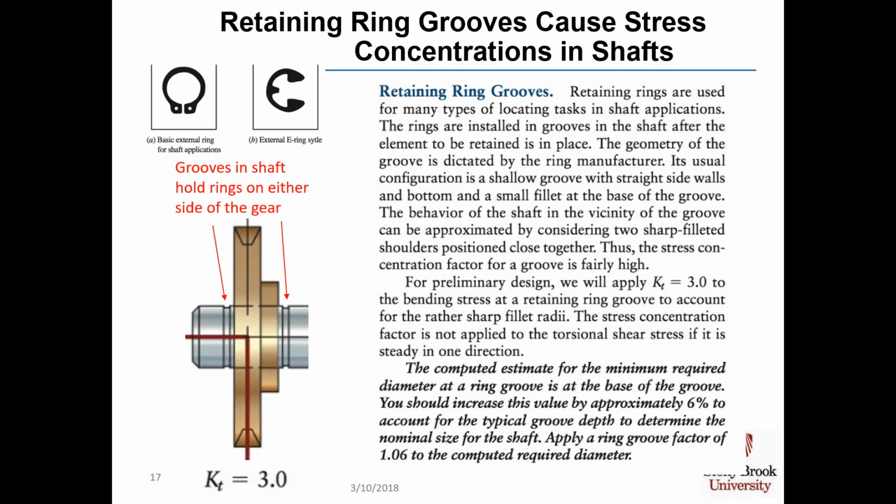And you're going to follow the manufacturer's suggestions. But I will tell you that whoever wrote the textbook and had that 1.06 factor in mind had it pretty much spot on, because if you go to a website and read what all the groove diameters are and you add 6%, you're going to hit pretty much spot on what the diameters of the shaft are that the rings are sized to. So that 1.06 factor is pretty exact.